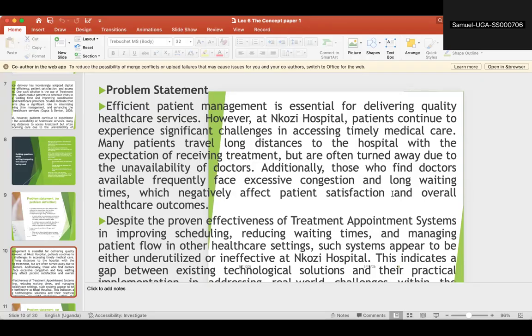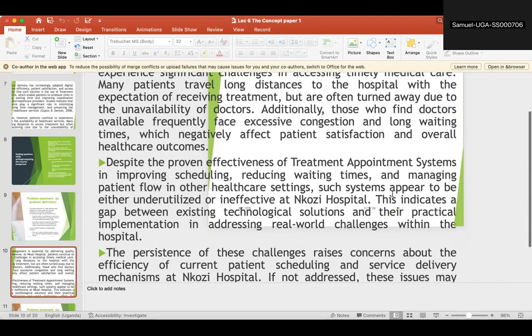Continue. Despite the proven effectiveness of treatment appointment systems in improving scheduling, reducing waiting times, and managing patient flow in other healthcare settings, such systems appear to be either unavailable or ineffective at the point of care.